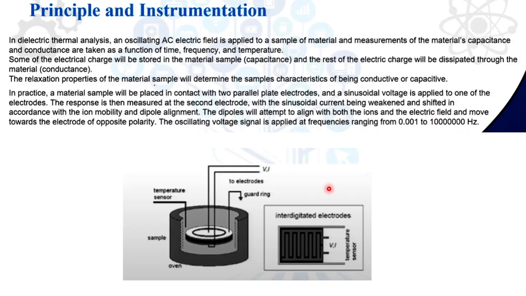So whenever you are providing an oscillating voltage with a broad frequency, why is that broad frequency required? Because depending on the material nature, how the dipoles arrange or orient depends on the frequency of the oscillating voltage, how fast I am providing the voltage, and how fast the alignment can take place.